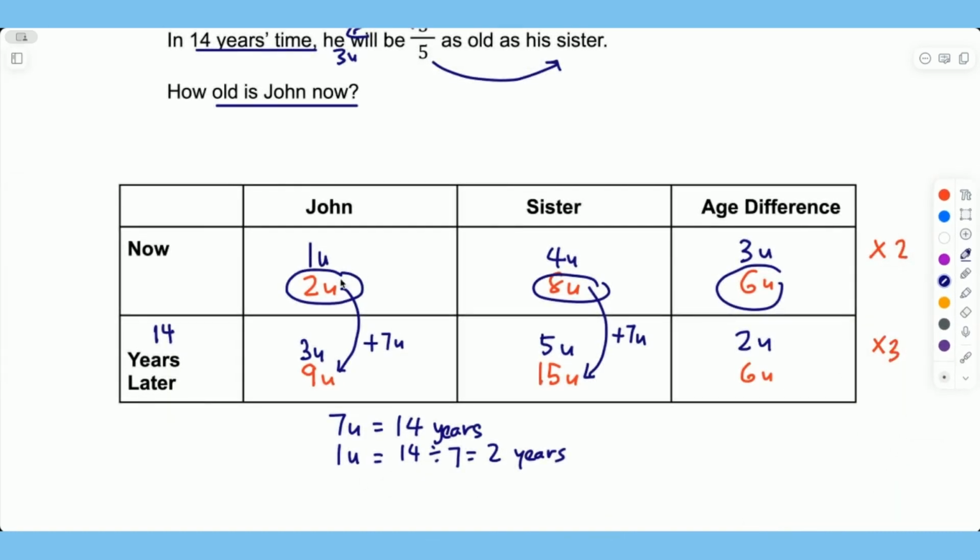And we want to find 2 units because that's the age of John now. 2 units will be 2 times 2, which is 4 years. That means John is 4 years old now. Okay, 4 years old. And that's the answer to this question.